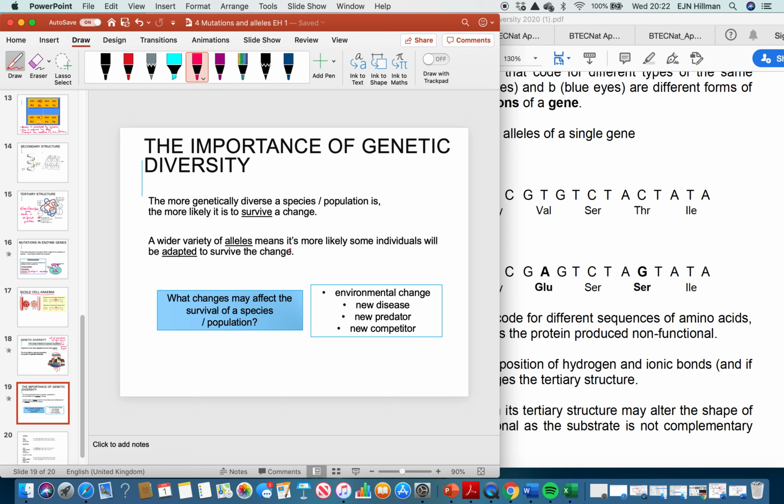So a wider variety of alleles means it's more likely that some individuals will be adapted to survive the change. Typical changes might be environmental, new diseases, new predators, or new competitors.